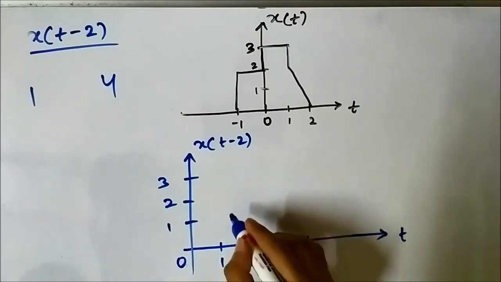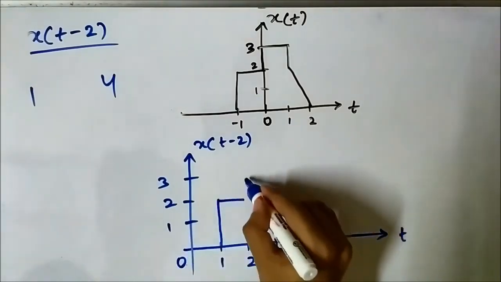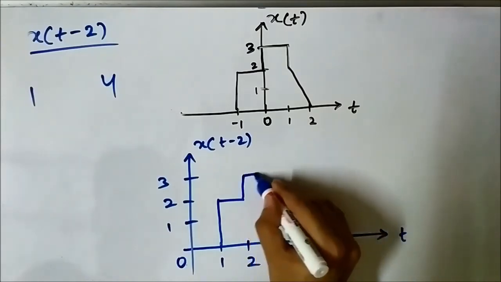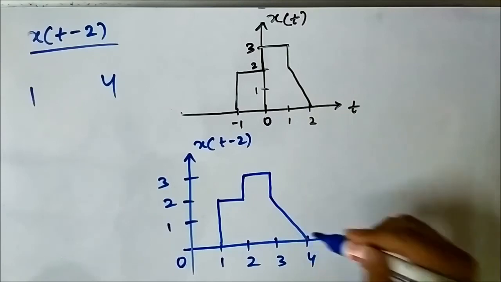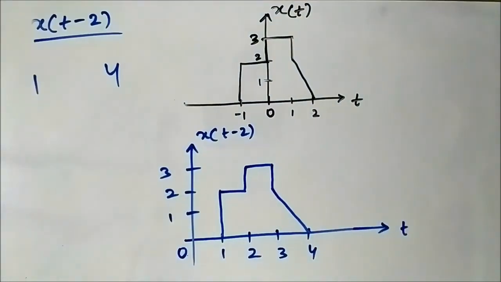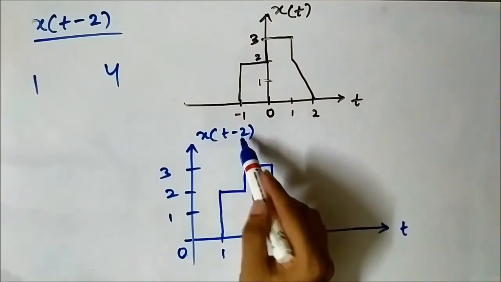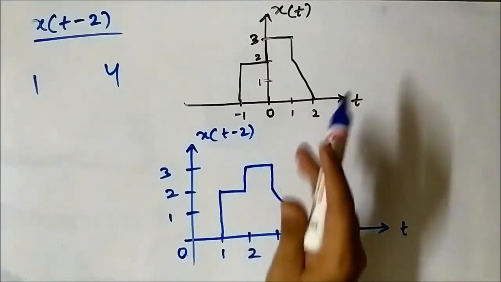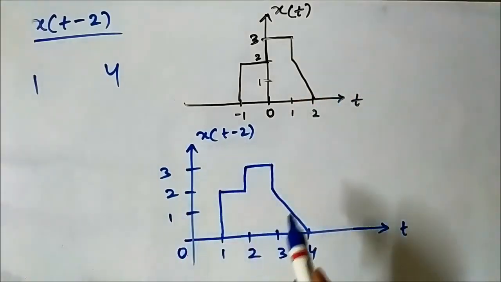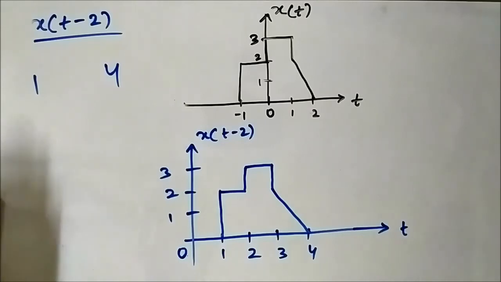We'll start from 1. So it is like this. Okay, so this is the shifting to the right side by 2 units. The new starting point is 1, the new ending point is 4. All the remaining things are the same. The shape, the amplitude, everything stays the same. Just the starting and the ending points have changed.